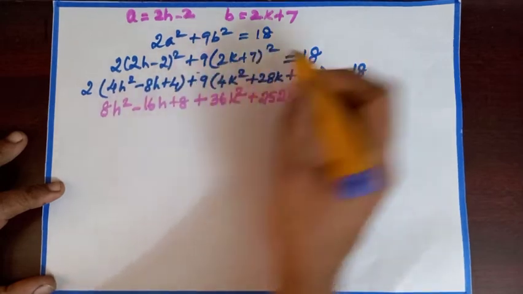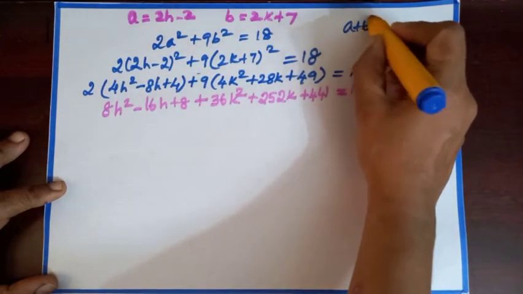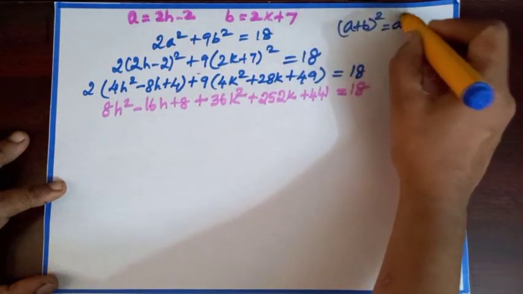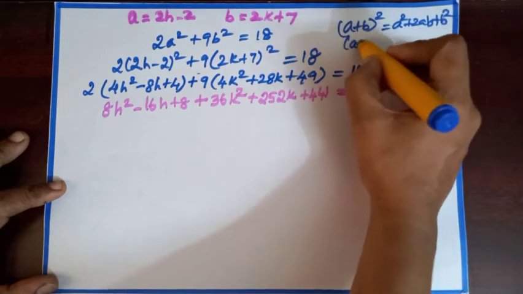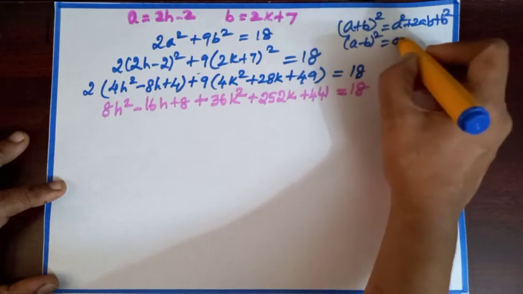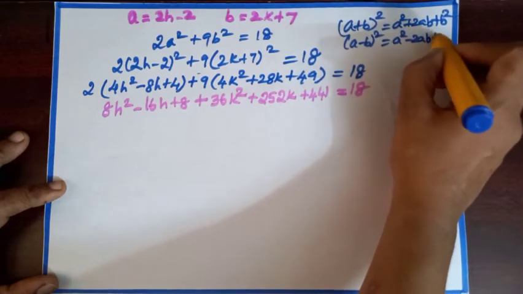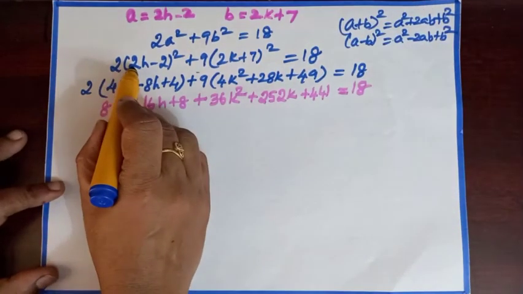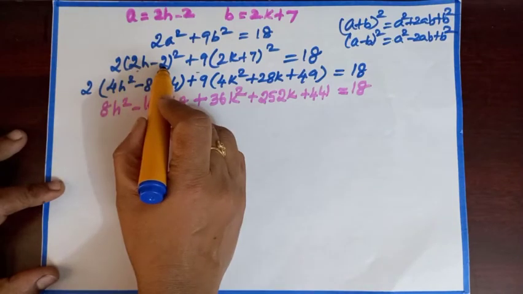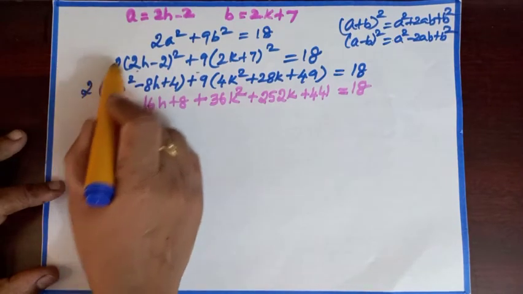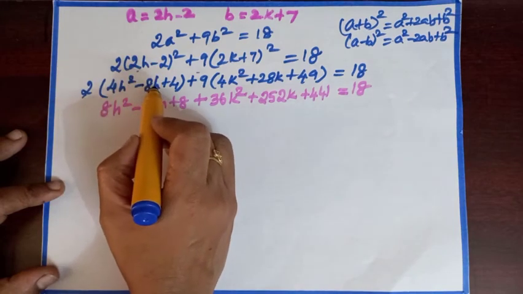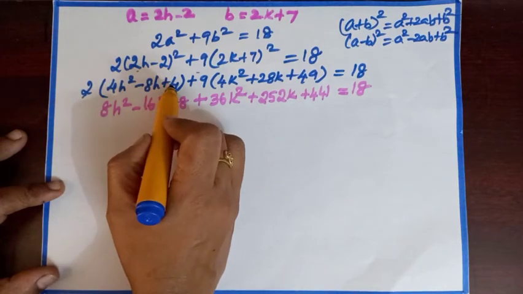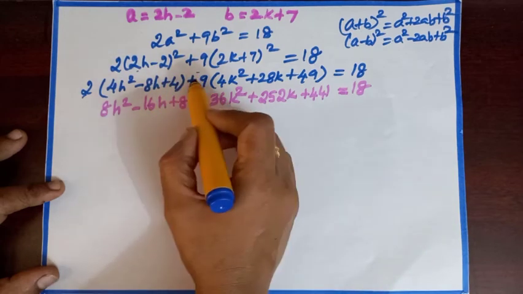Here we are going to use the identity (a + b)² = a² + 2ab + b², and one more identity (a - b)² = a² - 2ab + b². So in the place of a we have 2h, in the place of b we have 2: 4h² - 8h + 4.